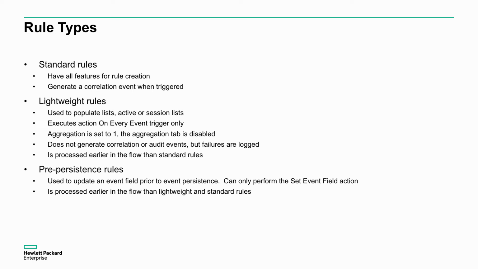So it's very specific to a very certain scenario for populating lists. It does not generate a correlation or audit events. So the idea is that it's very lightweight, it's very fast, and allows us to populate lists at volume in bulk without having all that additional overhead too. It is also processed earlier in the flow than the standard rules as well. So it's going to do it faster, quicker, sooner, and much lighter.